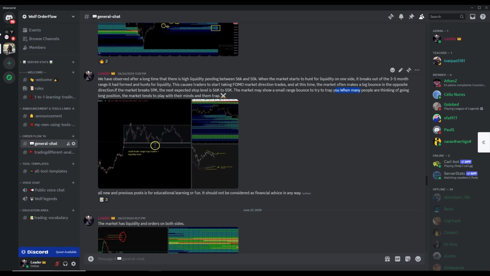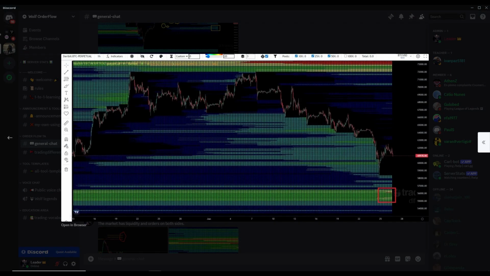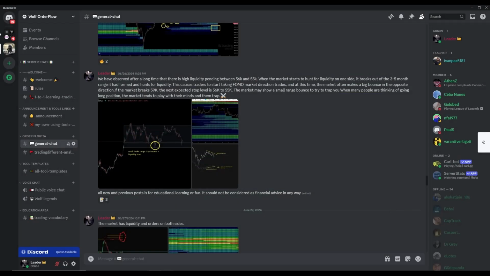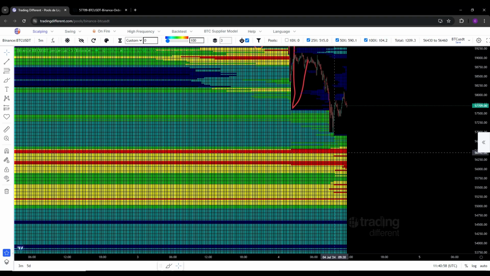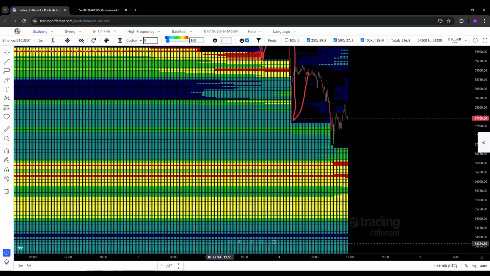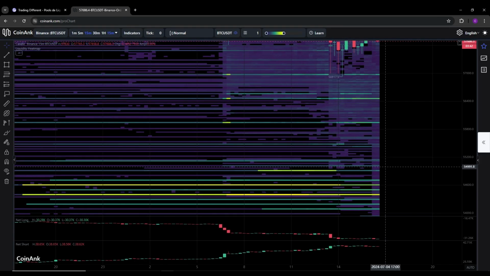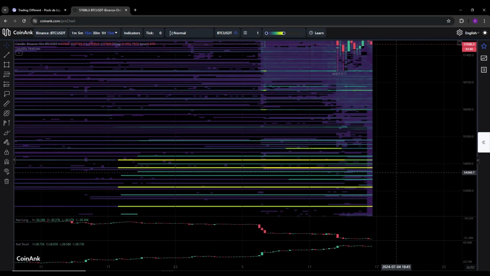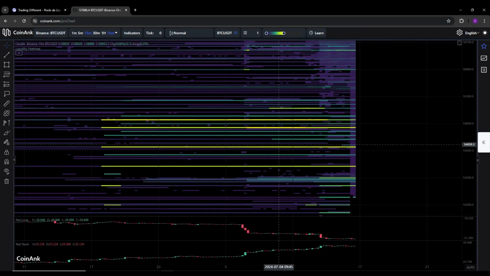In the 56 to 55,000 range, there is significant pending higher time frame liquidity. The market liquidity resembles a desert dish. The order book has some walls that will provide support to the market.